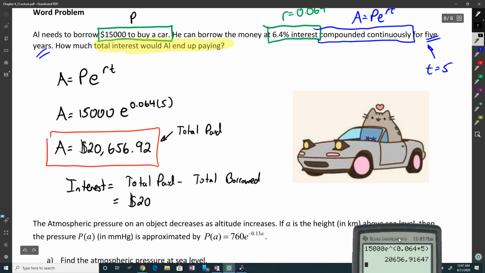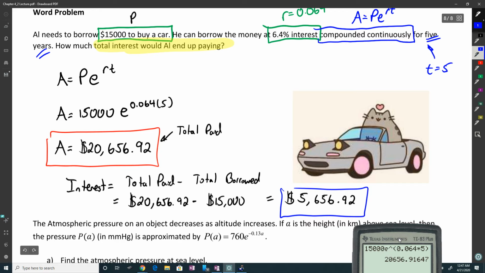So he pays 20,656.92, but notice he borrowed 15,000. And so if you subtract the two, you'll get 5,656 and 92 cents. So that's how much he pays in interest.